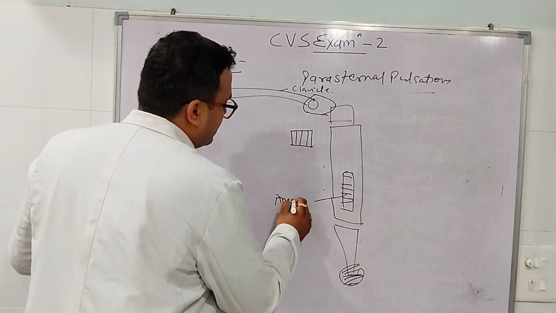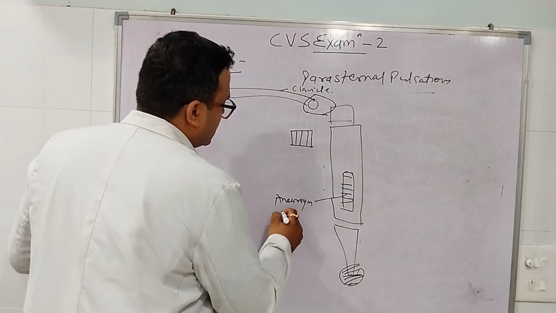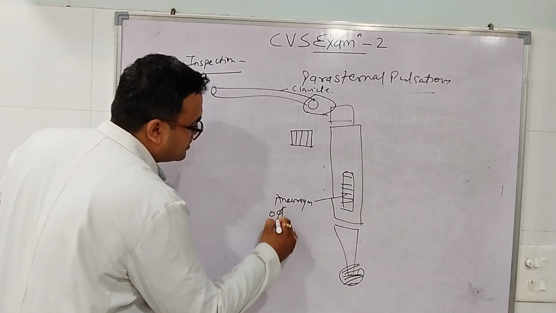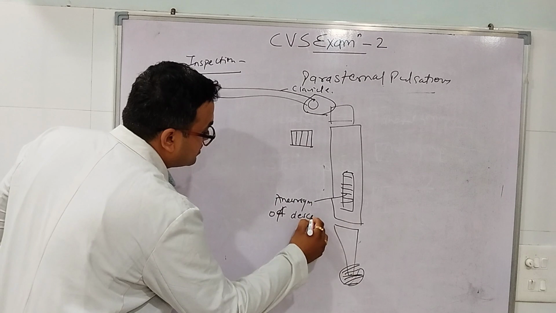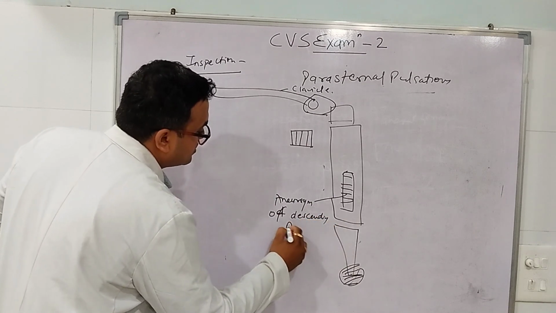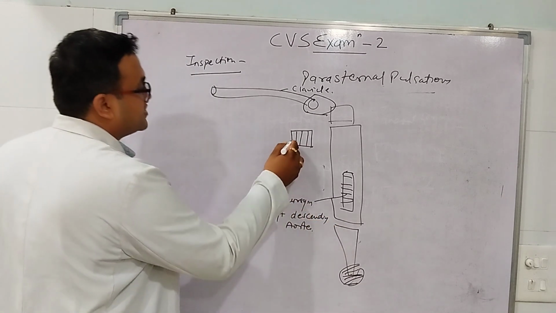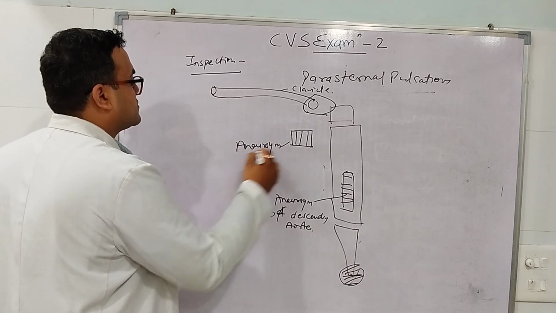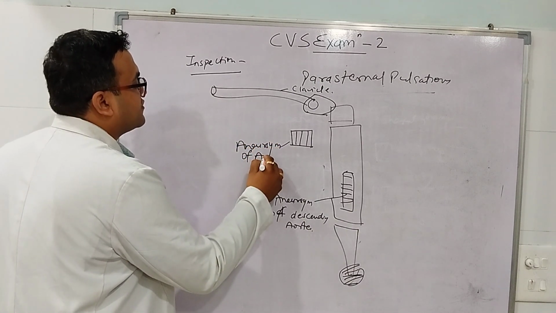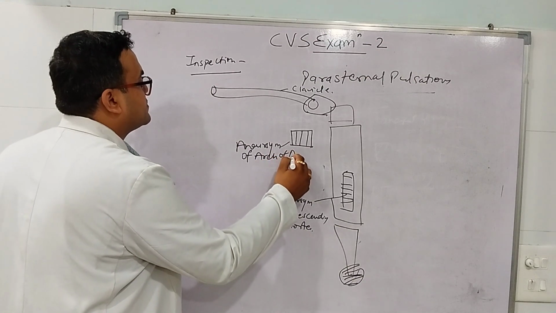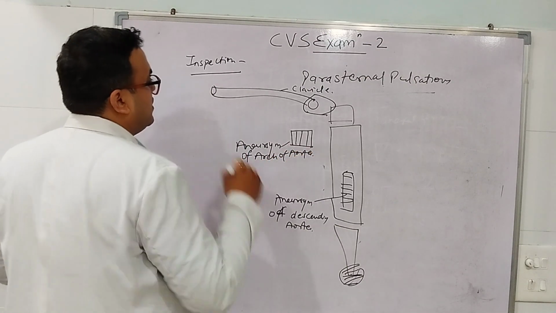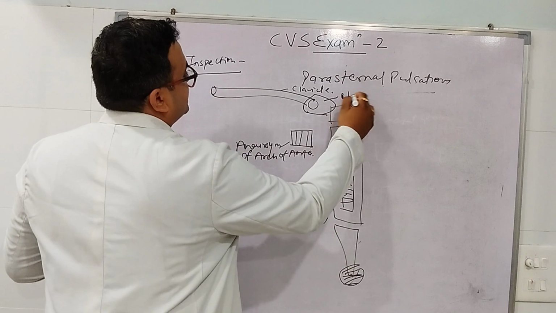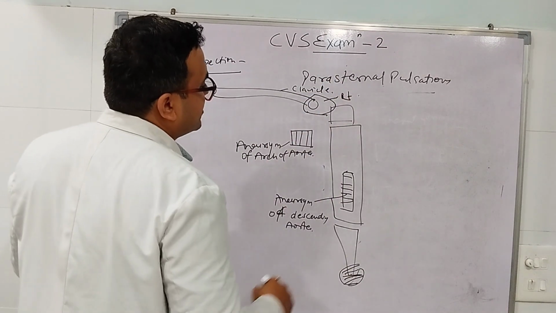So aneurysm of descending aorta. This is aneurysm of arch of aorta, and this is pulsations over the right sternoclavicular joint.